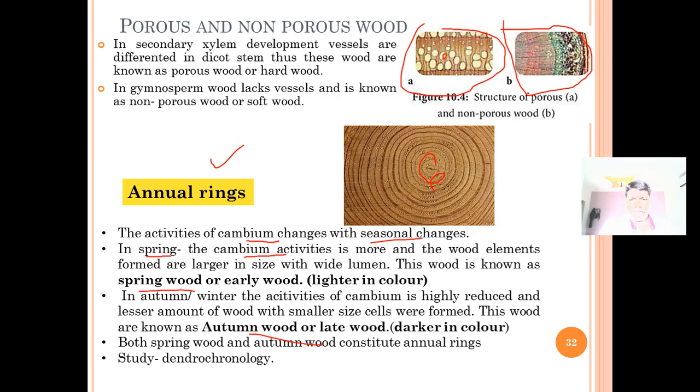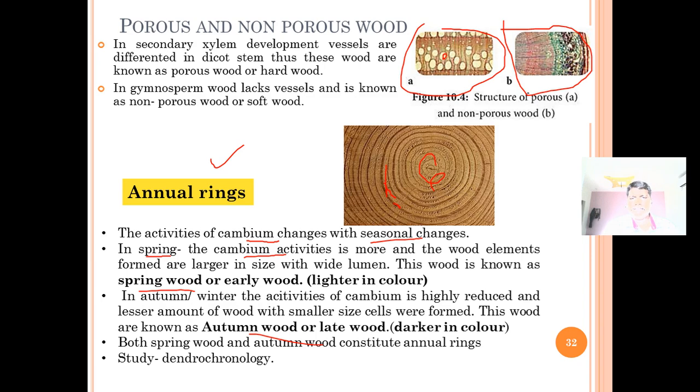In this image, the light region is the spring wood, light in color, but here it is darker. This darker region is the autumn wood. Autumn wood is formed because in this season the activity of the cambium is highly reduced, and the cells are small in size and the lumen also becomes smaller. That's why it appears dark.